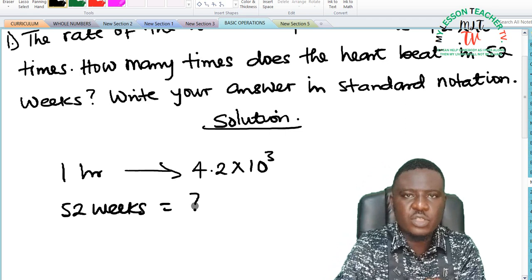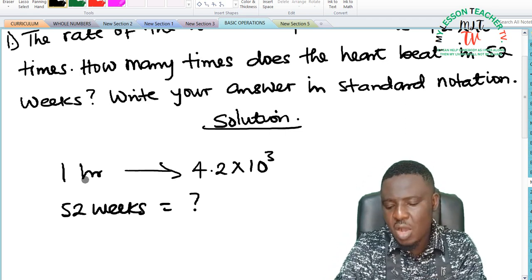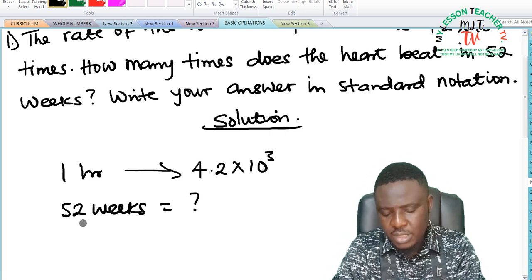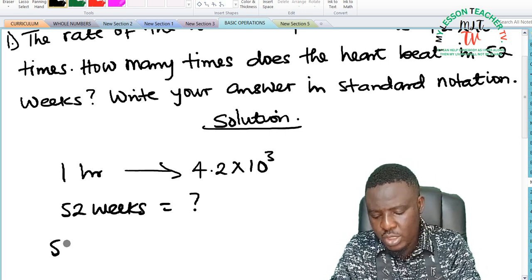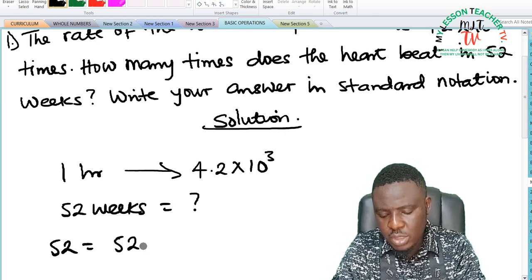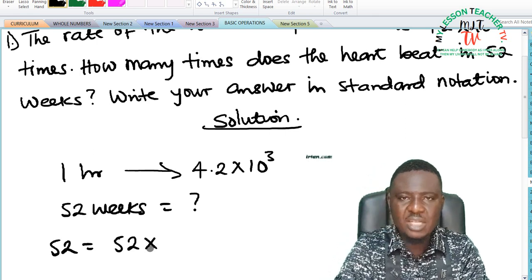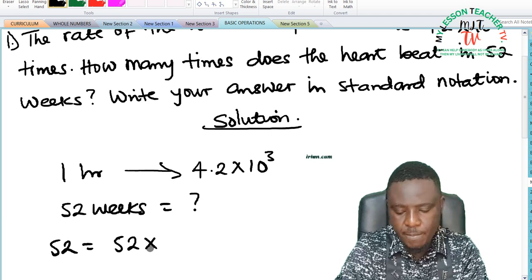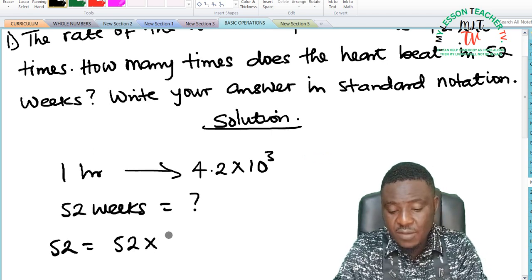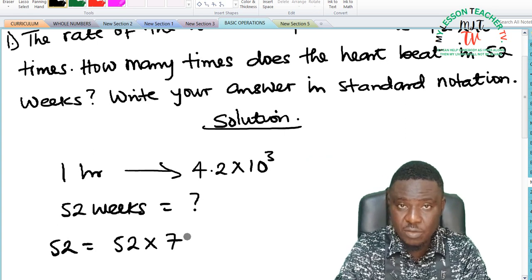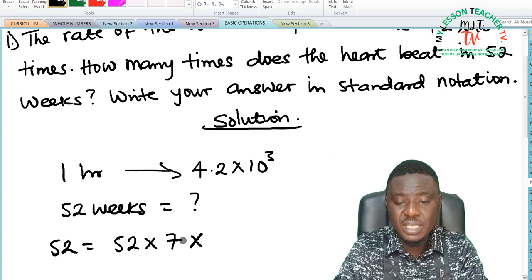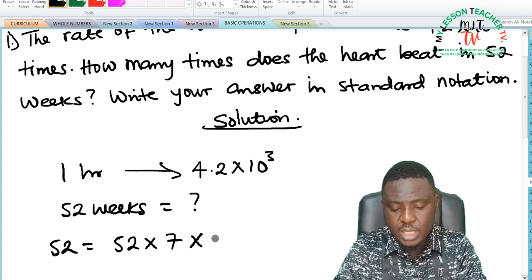Now, in order for us to solve this, let's look at how many hours we have in 52 weeks. This is equal to, in 52 weeks, we are going to have 52 times, how many hours do we have in a week? In a week is said to be 7 days, so that will be times 7 times, how many hours do we have in a day?